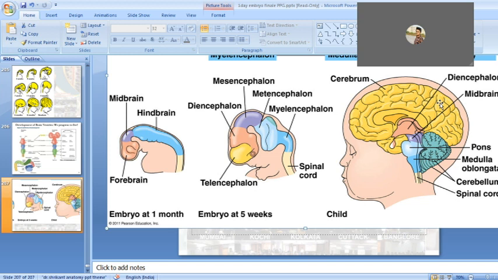So we are going to see. Hope this diagram will be downloaded. We can download it easily.